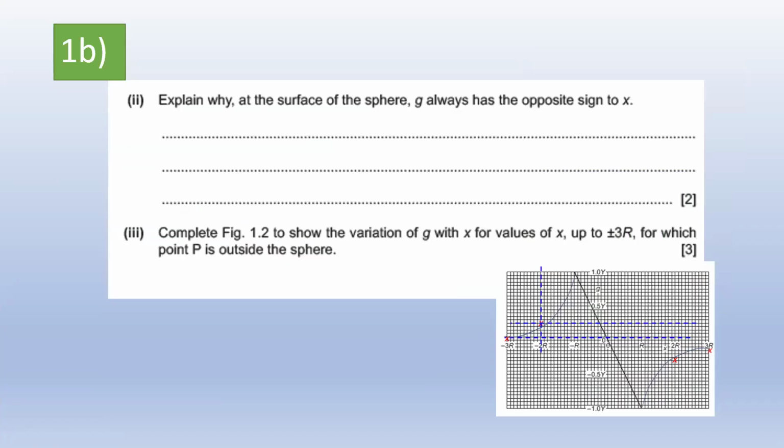Explain why at the surface of the sphere G is always in opposite sign to x.